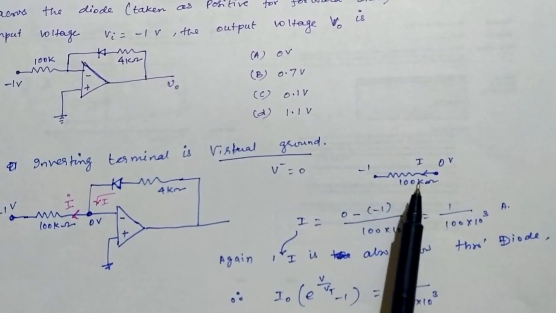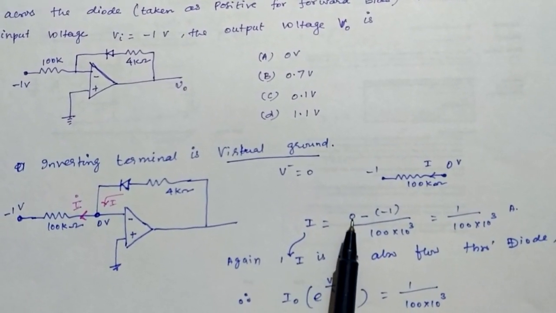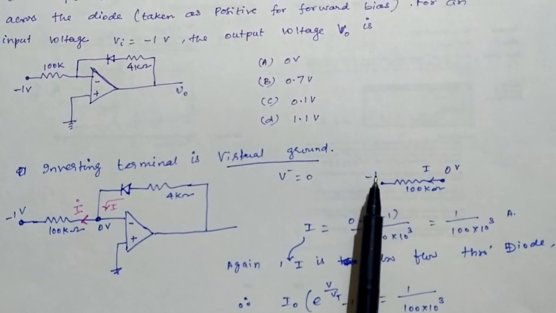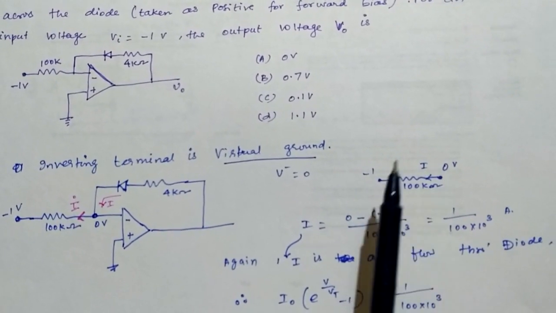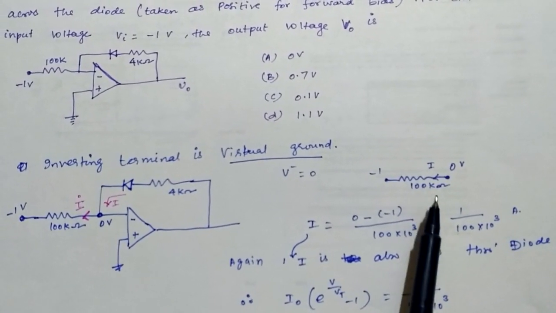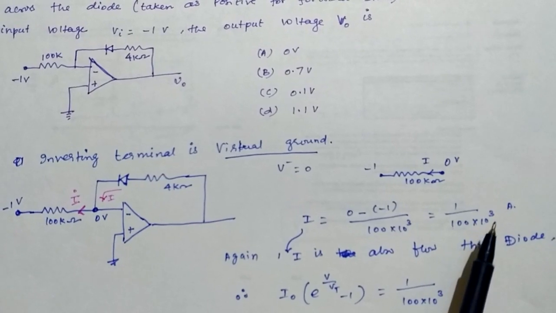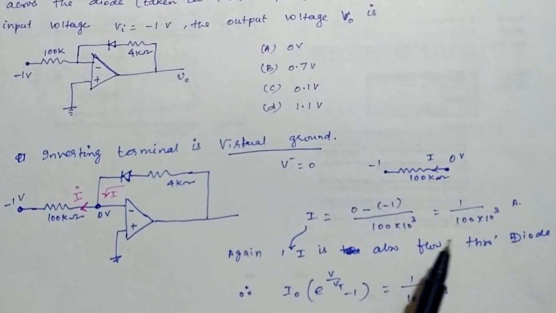So the current I is equal to 0 minus (-1) divided by the resistor value 100 kilo ohm, that is equal to 1 over 100 times 10 power 3 ampere.